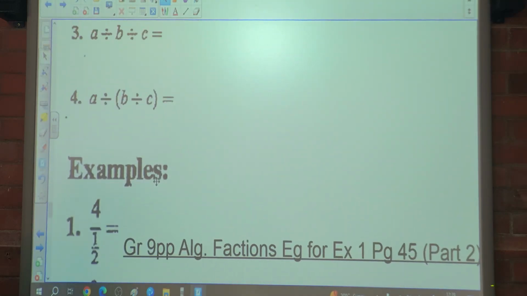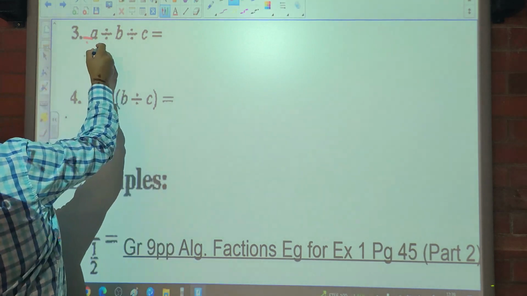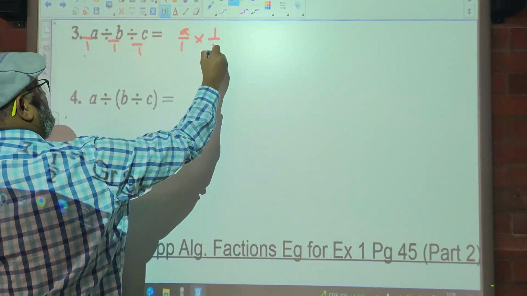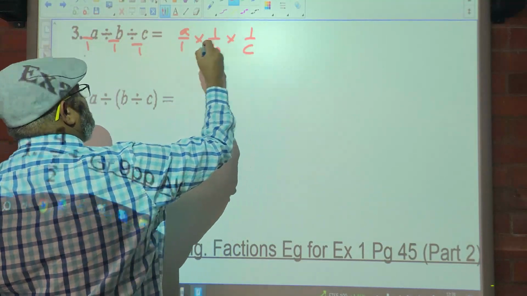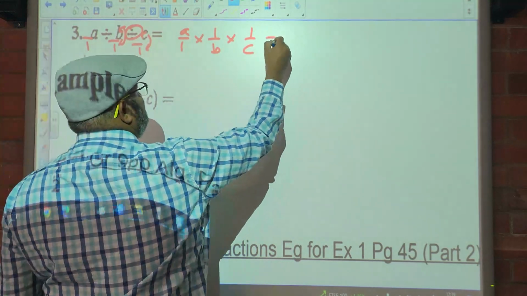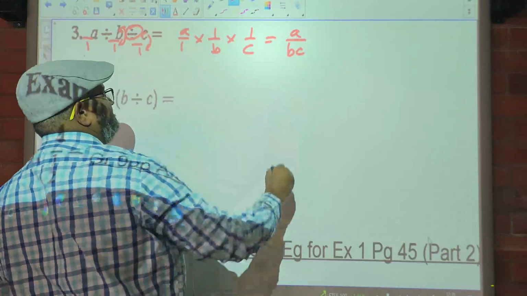Okay, then number 3, again that is naturally over 1. So it's a over 1 times b over 1 over b times 1 over c. As we know, change it to multiplication, we tumble and times. So a times 1 is a, 1 times b times c is bc.